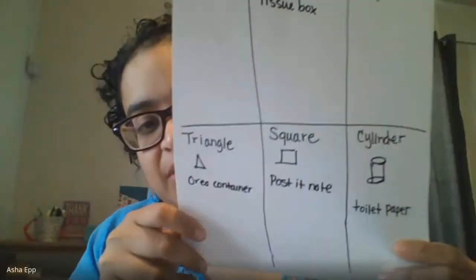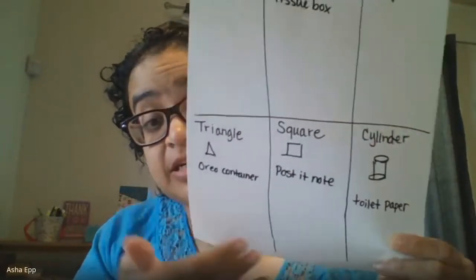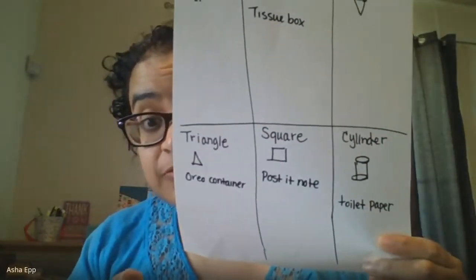And there was a triangle on the Oreo container. I don't think I really had a cone, but see how I just filled out my sheet? Now, if I wanted to take more time, I could draw a picture too.